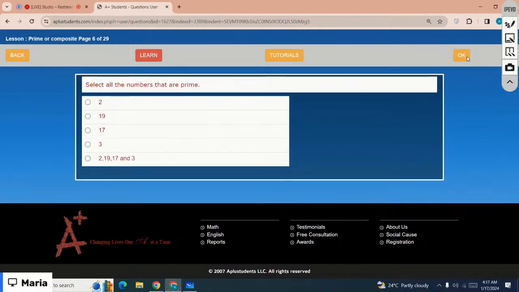Select all the numbers that are prime. Which is the correct option? Yes, that is the last option. 2, 9, 17, and 3. Actually, they all are prime, right?